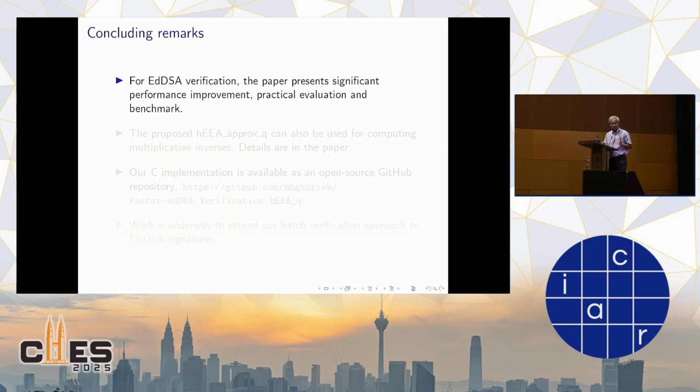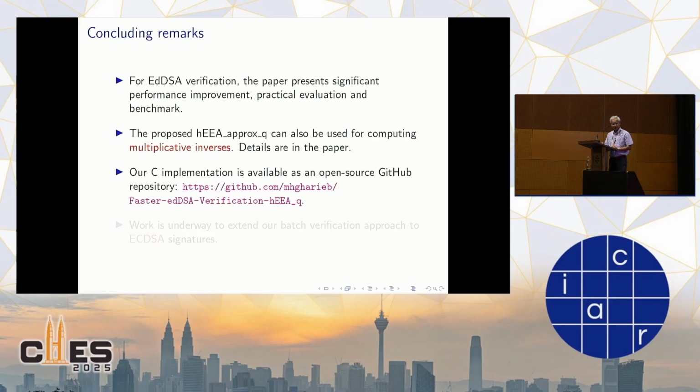So this is my last slide. For EdDSA verification, our work presents significant performance improvement given the context that I mentioned at the very beginning of this talk. The proposed approximate quotient-based halfway extended Euclidean algorithm can also be used for computing multiplicative inverses, and the details are in the paper.